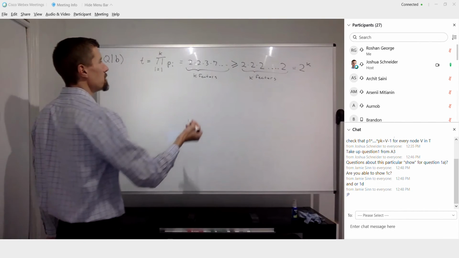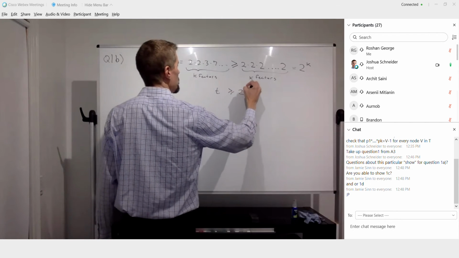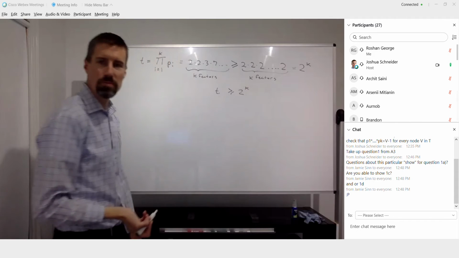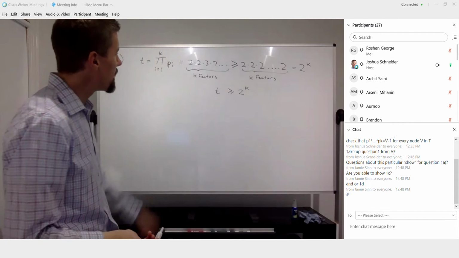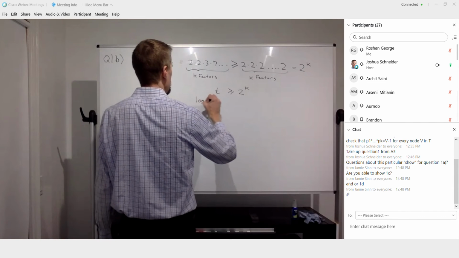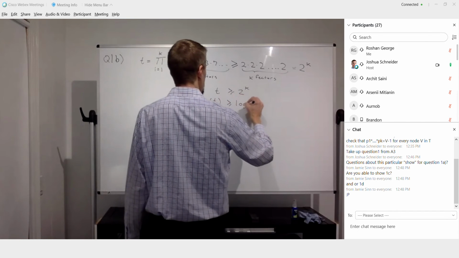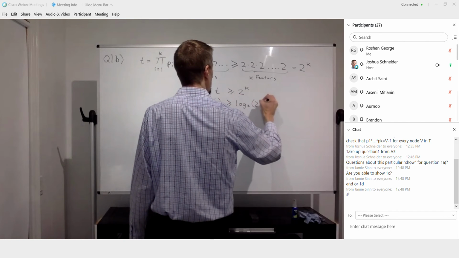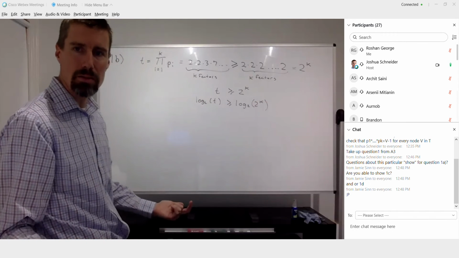So basically what we're saying is t is greater than or equal to 2 to the k. And now you know where we're going with this. Take log both sides, base 2. Taking log base 2 of t is greater than or equal to log base 2 of 2 to the k. Log to the base 2 of t, that was by definition n. So this is n.